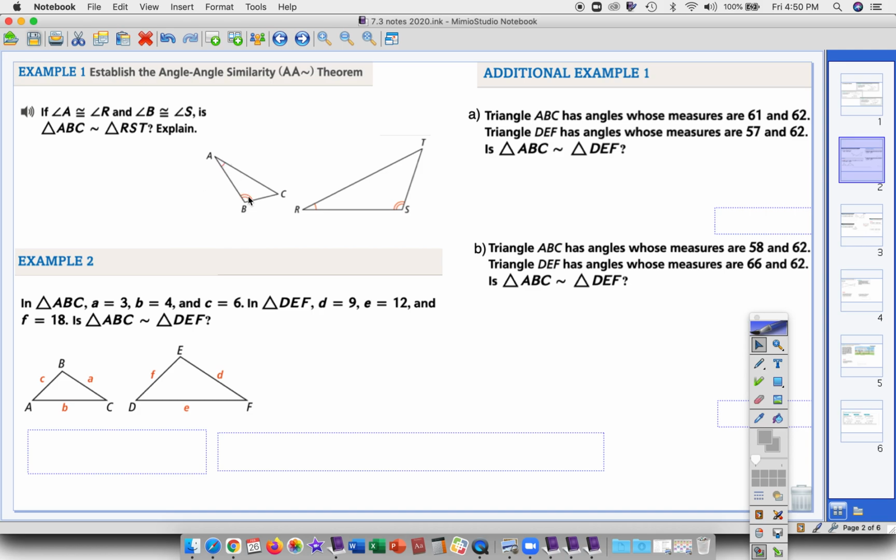If I add up angles A and B and subtract from 180, I would get the same thing by adding R and S and subtracting from 180, which would also make angles C and T congruent as well. So knowing that two pairs of angles are congruent is really like knowing all three pairs are congruent. This used to be called the AAA theorem. They dropped one of the A's because it's really not necessary.